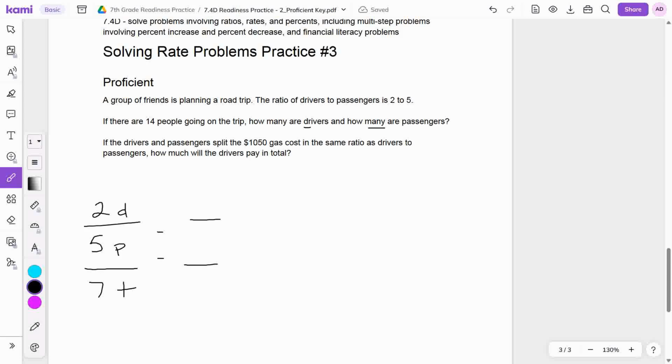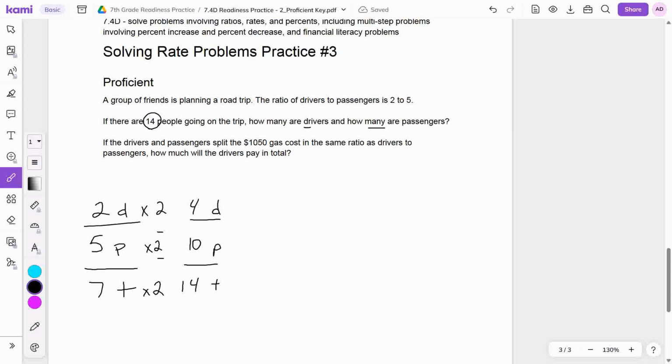So if there are a total of 14 people, I can put this right here. 14 total. How do I get from 7 to 14? Well, if I can find my multiplier, that's going to be times 2, which means I'm going to multiply this times 2, so 10 passengers, and this times 2, 4 drivers.